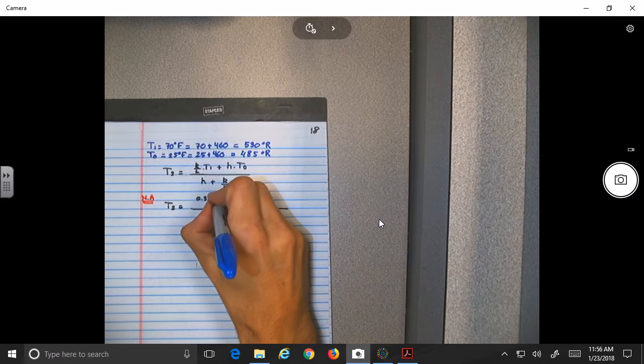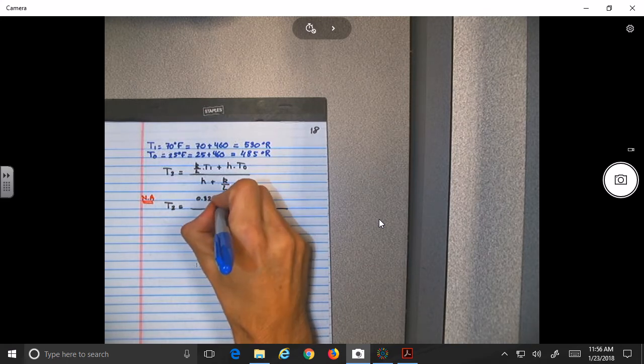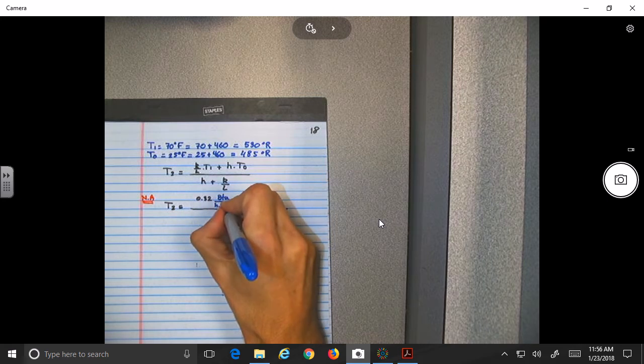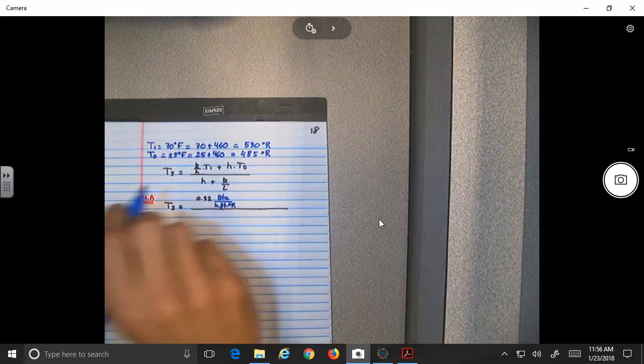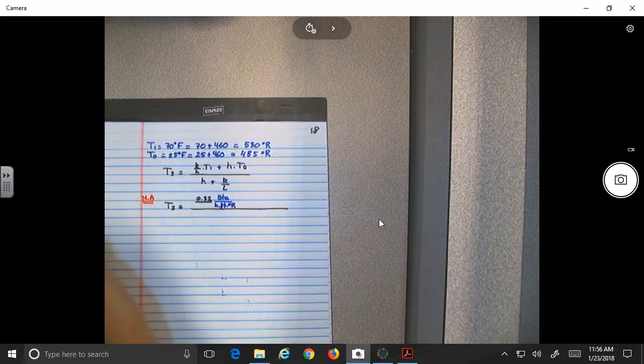K is 0.32 BTUs divided by hour foot degree Rankine. So that means that L will be equal to what?